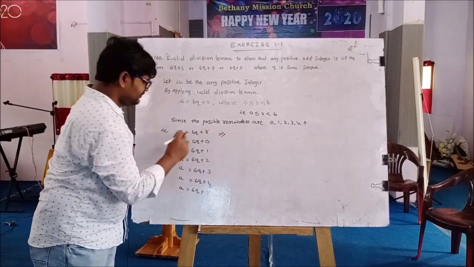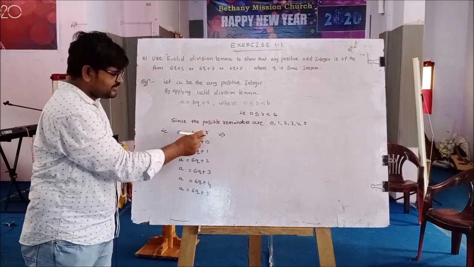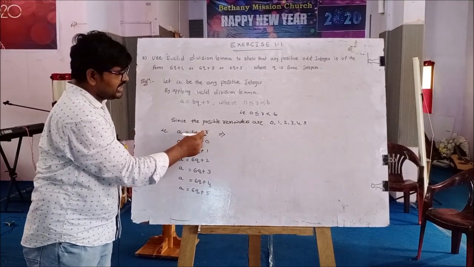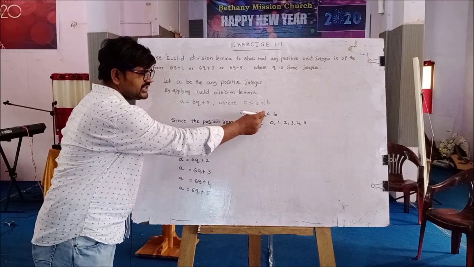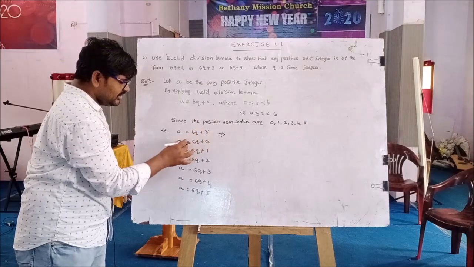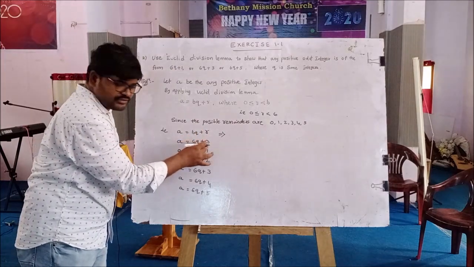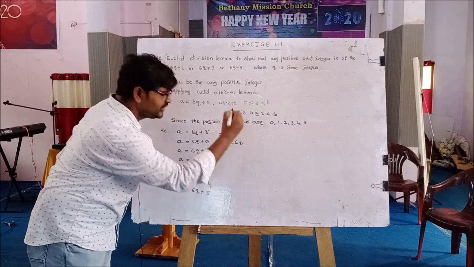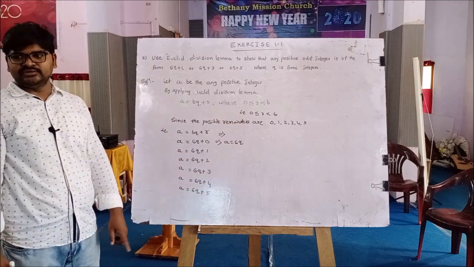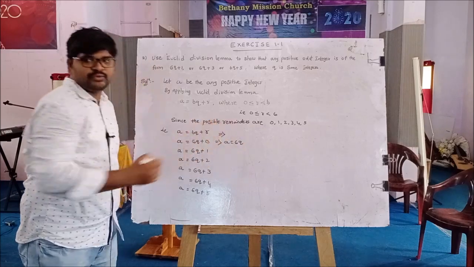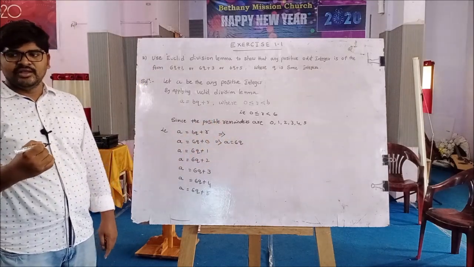That implies A equals BQ plus R, where 0 is less than or equal to R less than 6. Here A equals 6q plus 0, which equals 6q, where q is the quotient.